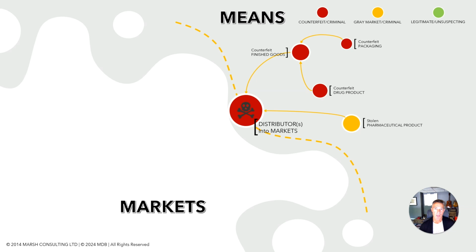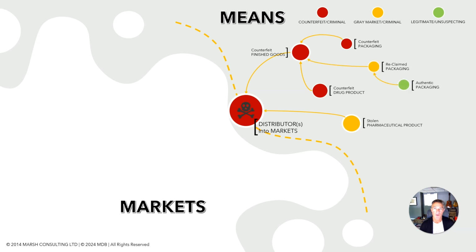Here we show counterfeit drug product node, and then we have a packaging node, which illustrates that there's probably a printer involved in making packaging. There's probably a drug product or a lab of some sort making drug product, whether it's solid oral dose or an injectable. And they're brought together by the finished goods node into a finished package. There's usually more than one of these in the network, any given node. I'm showing just a few here for simplicity.